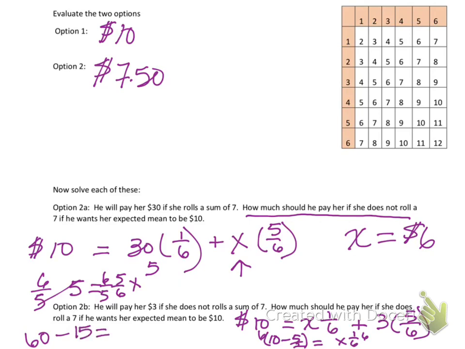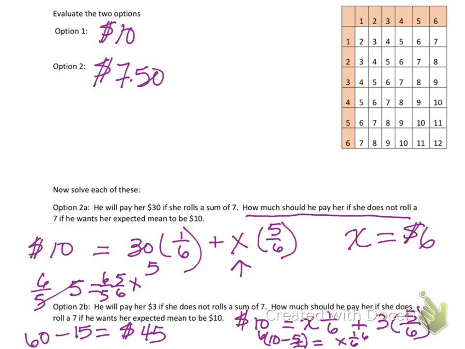So that means in the second case, option 2B, you would get paid $45 if you roll a 7. In that way, her expected payment is going to be $10. Interesting little spin on things. Again, using dice is very handy for kids, and you can play around with those numbers.